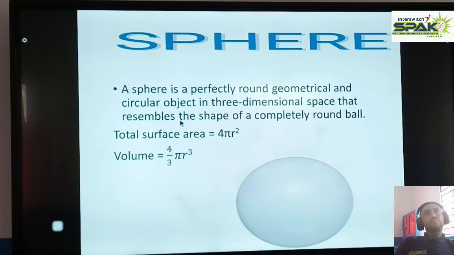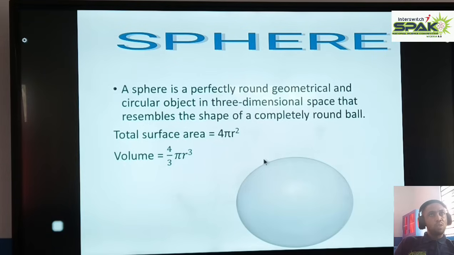And here, we're looking at the sphere. What is a sphere? A sphere is a perfectly round geometrical and circular object in 3-dimensional space that resembles the shape of a completely round ball. So you can see this is an example of a sphere.